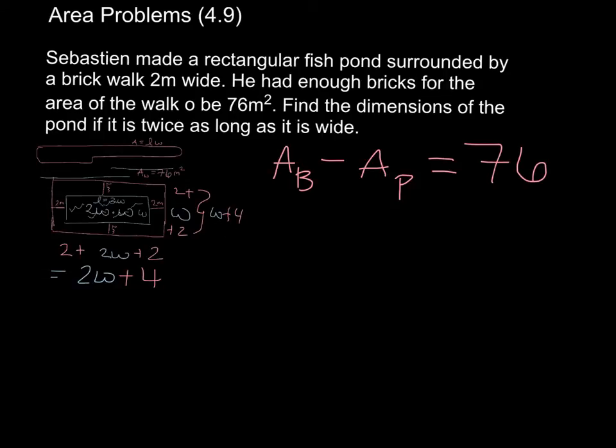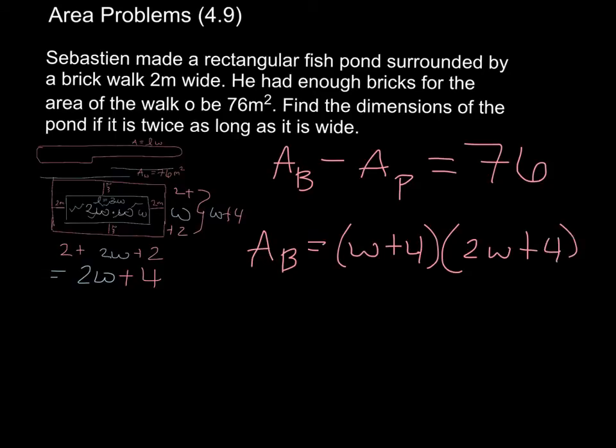Let's see. I'm going to say area of the big is equal to w plus 4 times 2w plus 4. All right. I'm going to make this simpler before I plug it into this big, huge expression. I'm going to use my polynomial multiplication skills to figure this out.